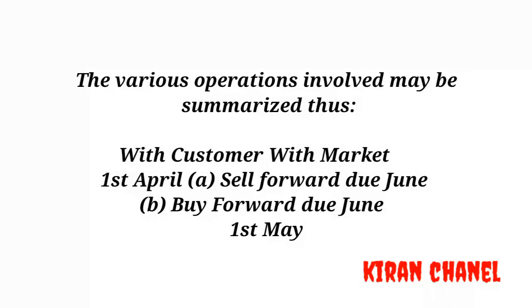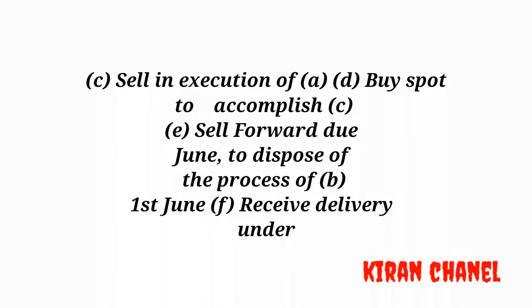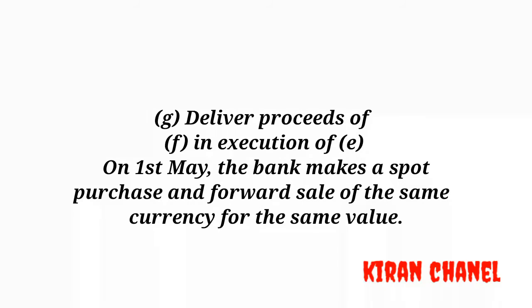With customer and with market: 1st April, A, sale forward due June; B, buy forward due June. 1st May, C, sell in execution of A; D, buy spot to accomplish C; E, sell forward due June to dispose of the proceeds of B. 1st June, F, receive delivery under B; G, deliver proceeds of F in execution of E.